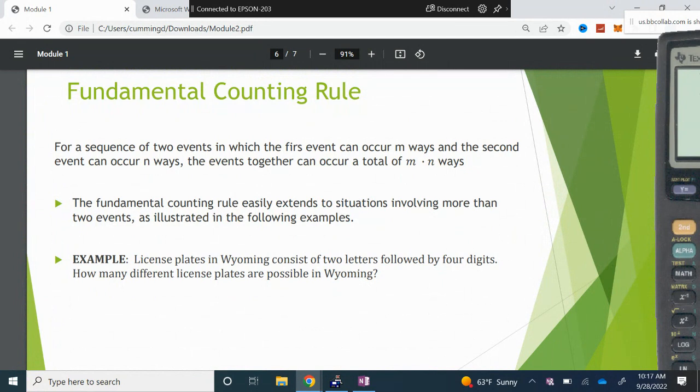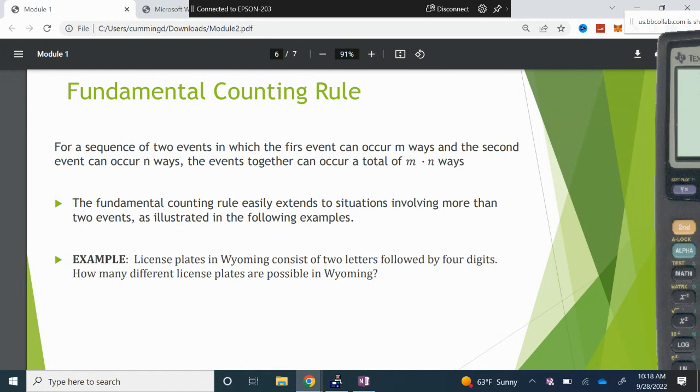Now it says actually two events, but we're going to see in a second that this can be extended to more than two events. The first event can occur m ways. The second event can occur n ways. The events together can occur a total of m times n ways. All right, which means you can multiply.